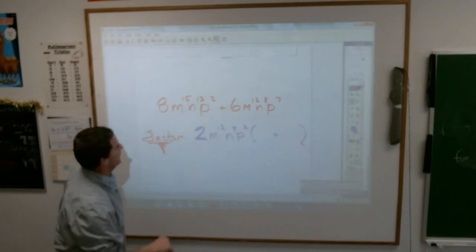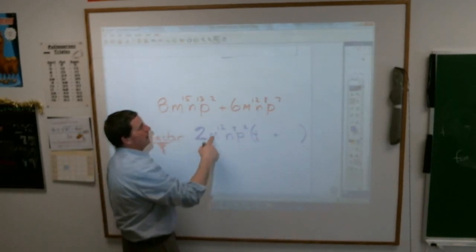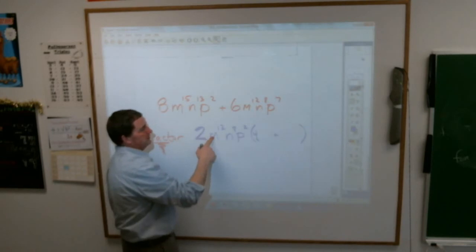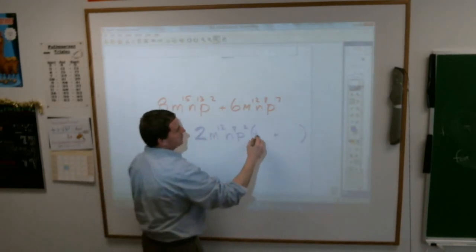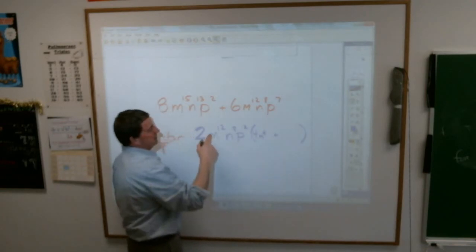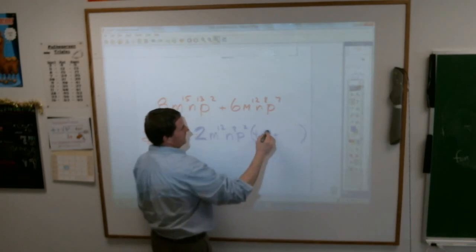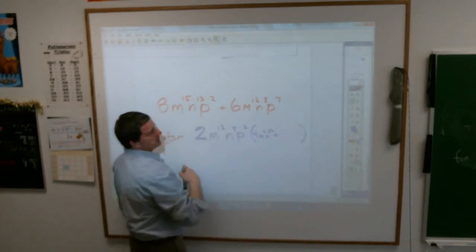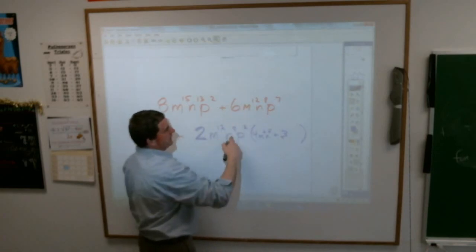In parentheses then, 2 times what is 8? 4. Morgan, why don't you field this one? M to the 12th, M to the 15th, I need 3. M to the 3rd. And n to the 8th, and n to the 13th, n to the 5th. I got it. And 8.